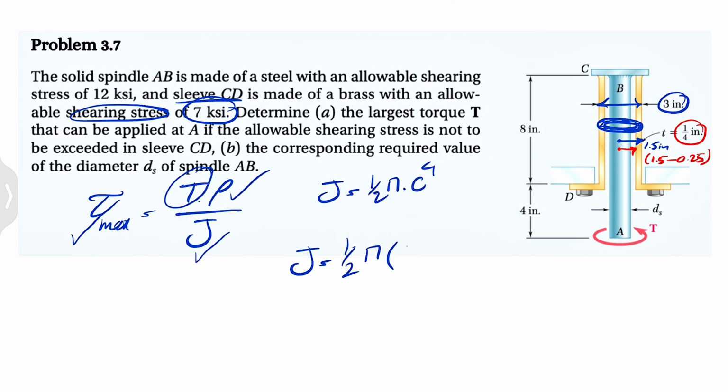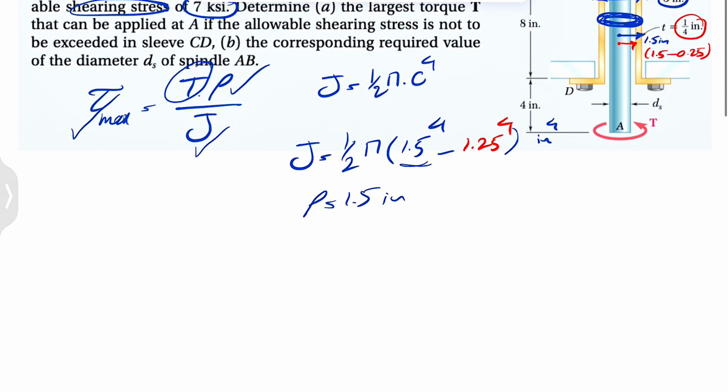So that's all we need for finding the moment of inertia, or J. So 1.5 to the power of 4 minus 1.25 to the power of 4, and this is going to be in inch to the power of 4. So that's our J. Our rho is basically the outer radius that we talked about, so 1.5 inches is our rho. And yeah, that's pretty much it.